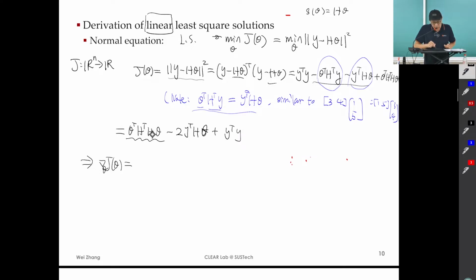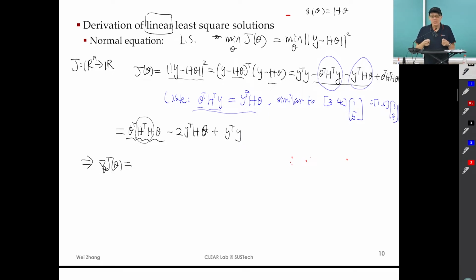This is x transpose A x. And this A is symmetric, right? Can you see it? If you take the transpose, you get the same thing. So you can prove any matrix of this form, no matter what H is, is a symmetric matrix.